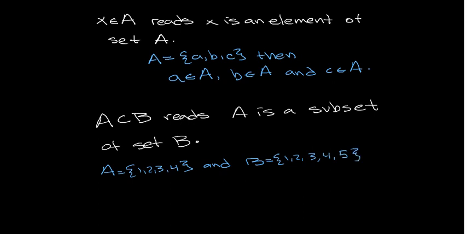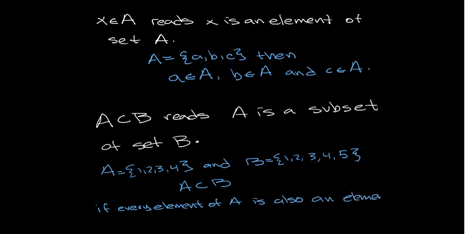Well, then A is a subset of B. What's the meaning of A being a subset? Well, if every element of A is also an element of B, then A is a subset of B.